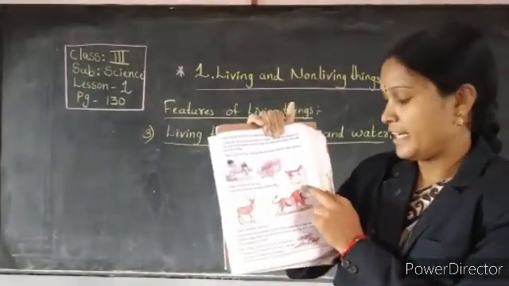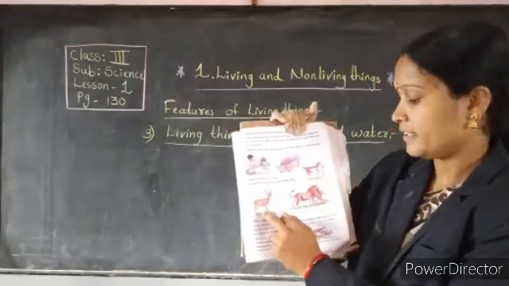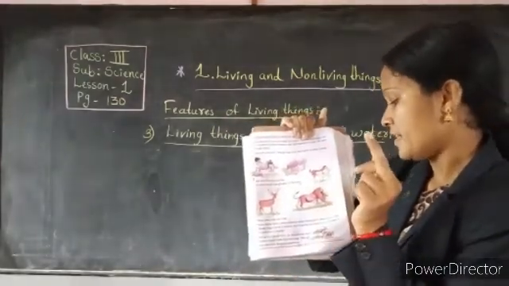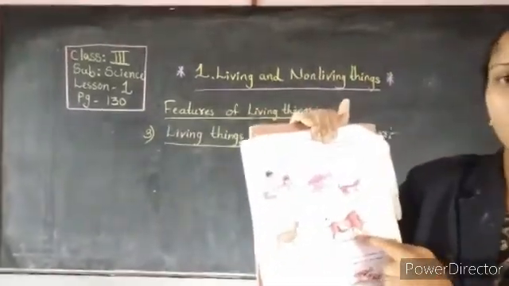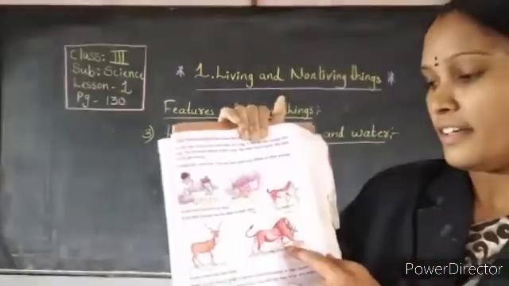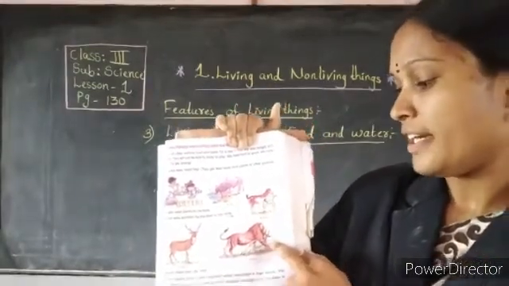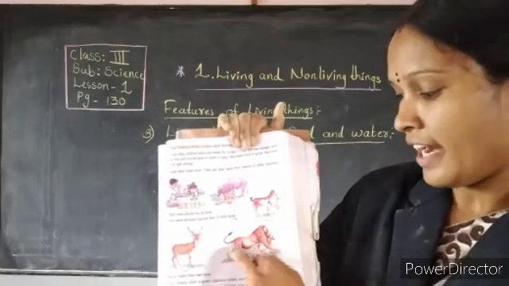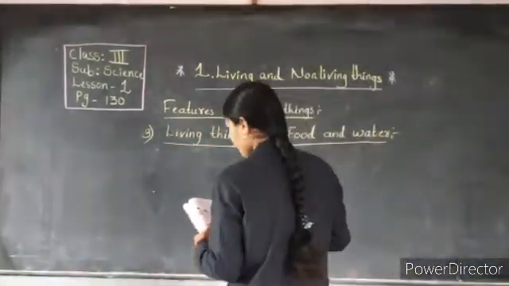A goat eats a plant. A deer eats plants. And look here, a lion. A lion eats animals like that deer to stay alive.